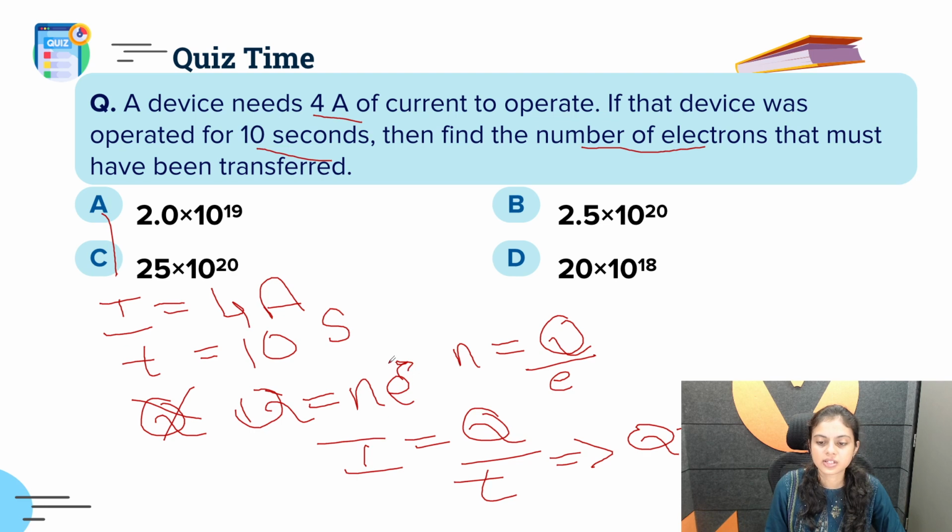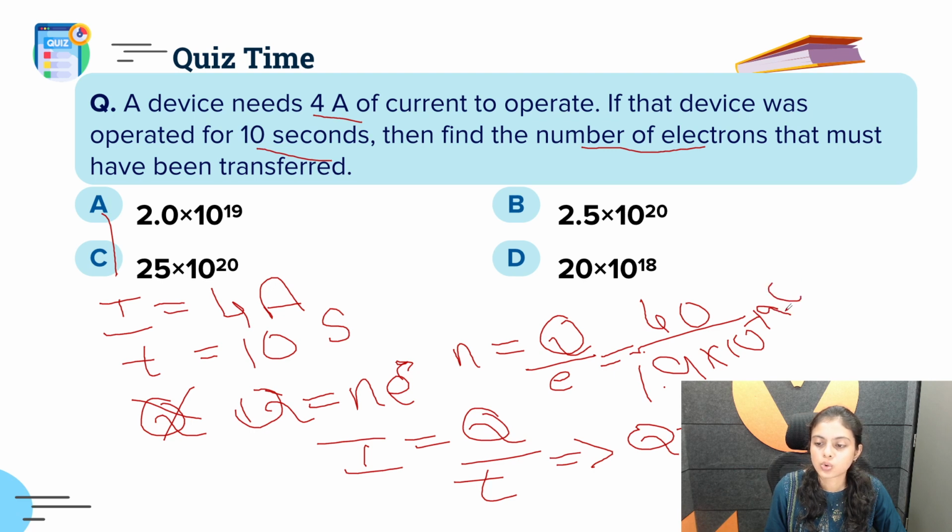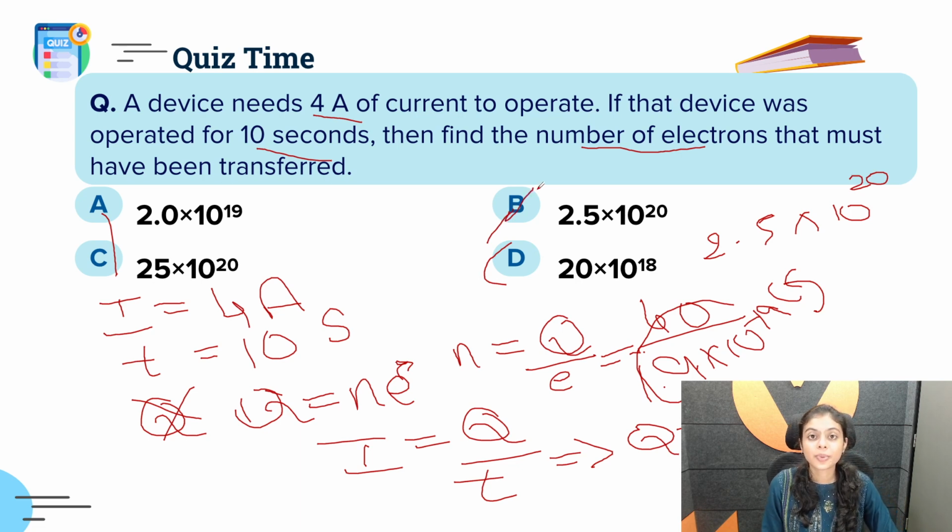So 40 coulomb is the charge. Then let's substitute here. 40 divided by the elementary charge, that is 1.6 into 10 power minus 19 coulomb. If you calculate this, you'll get 2.5 into 10 power 20. So which one is the right answer? Yes, it is B. So B is the right answer.